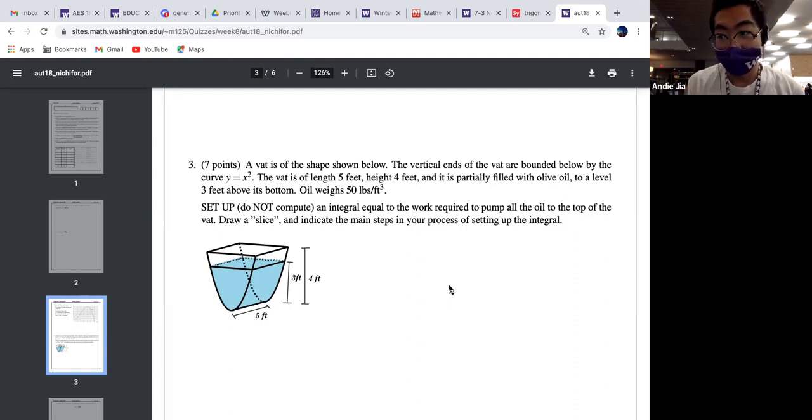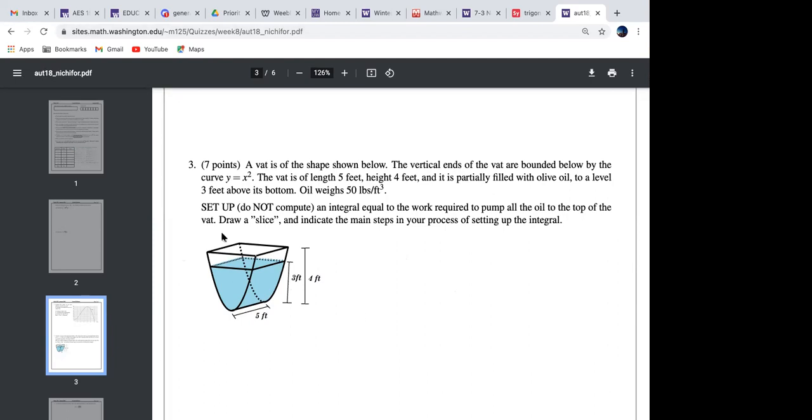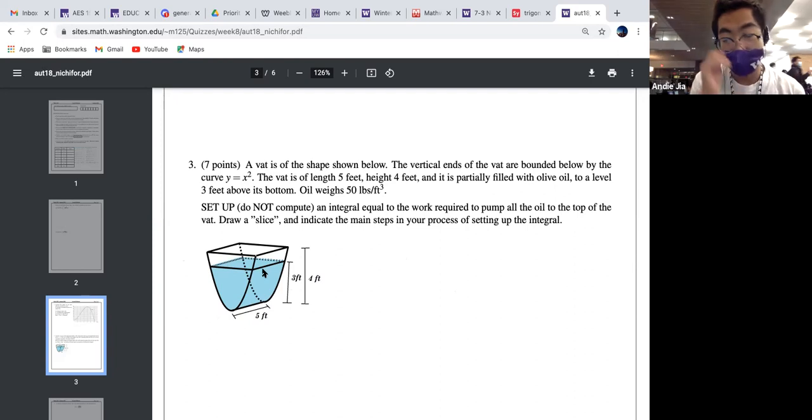Hi. So welcome. We are just going to do some reviews. Now we are working on the department archive. So here's the work problem. We need to find the volume of this oil, because in order to pump all the oil out of here, the first step is to compute the volume.